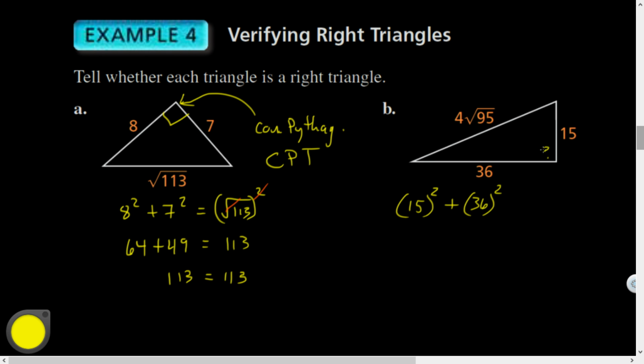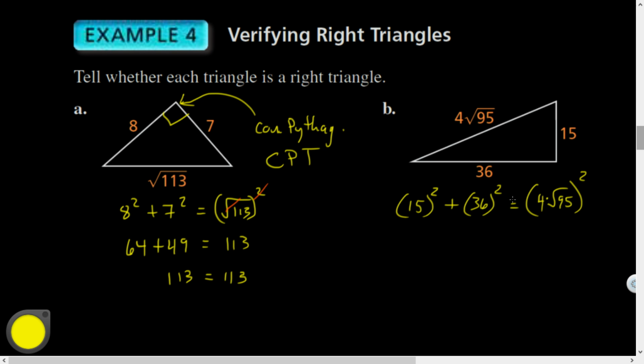So guys, the question is, is this a right angle? Is this a right triangle even? The way I do this is I square this. Now, squaring, by the way, can be distributed over multiplication or division, not in the case of addition or subtraction.